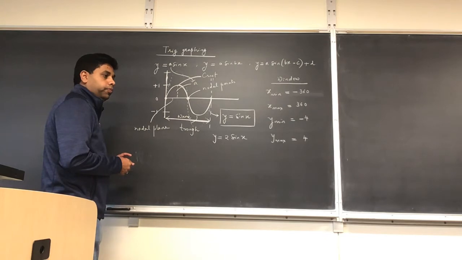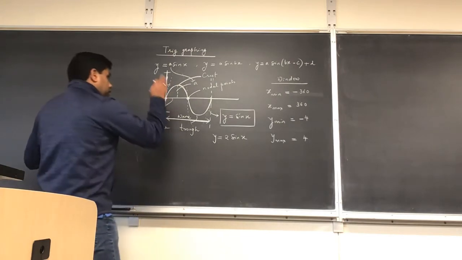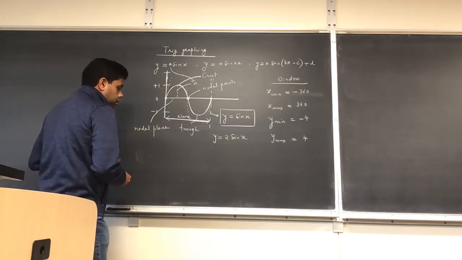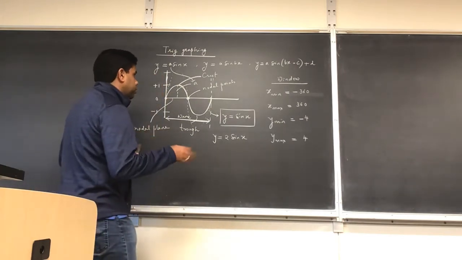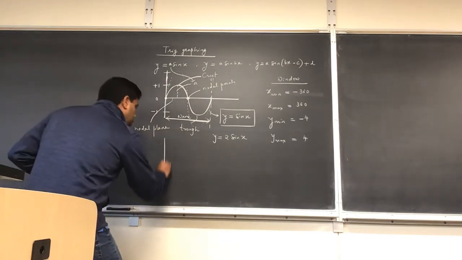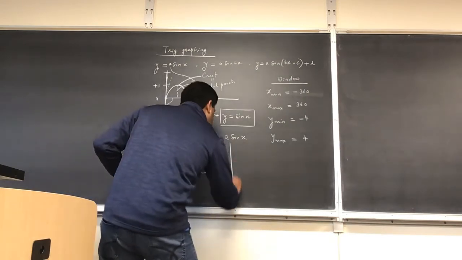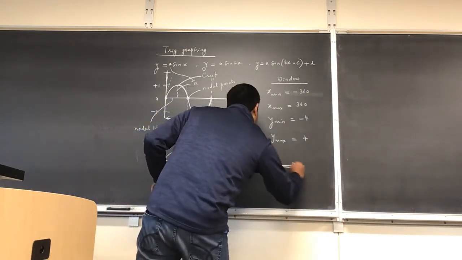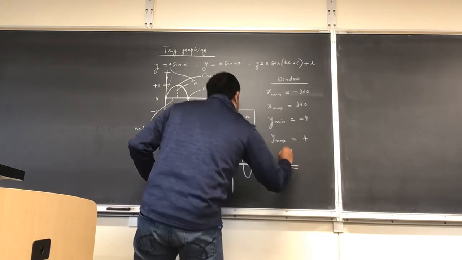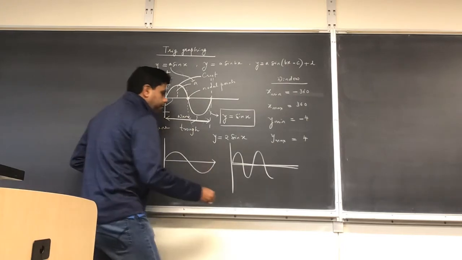Sounds good? For a sine and a cosine, I'm gonna draw two waves here. One, two. This is the direction of propagation of the wave.